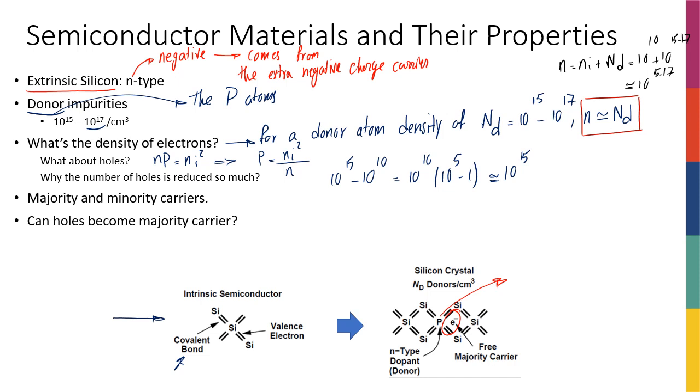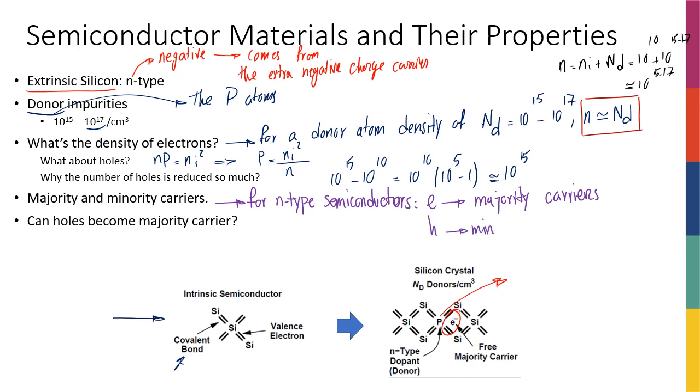Because of this, for these types of extrinsic semiconductors, I'm going to call one type of charge carrier the majority carrier and one type the minority carrier. So for N-type semiconductors, electrons are majority carriers and holes are minority carriers.